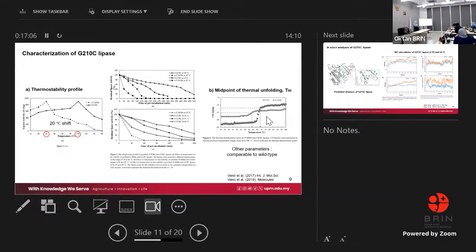If you can see the graph here, the wild type is active at 25 degrees, but we managed to improve the optimal temperature of this new mutant, G210C, by 20 degrees Celsius. And we did some thermostability study.